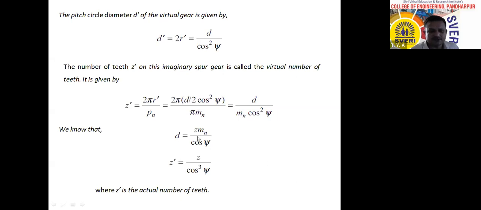Therefore, if you substitute this value here, we get Z dash is equal to Z divided by cos cube of psi. Therefore, write down this equation: Z dash is equal to Z divided by cos cube of psi, where Z dash is the virtual number of teeth and Z is the actual number of teeth.